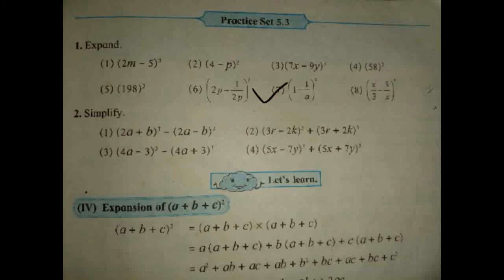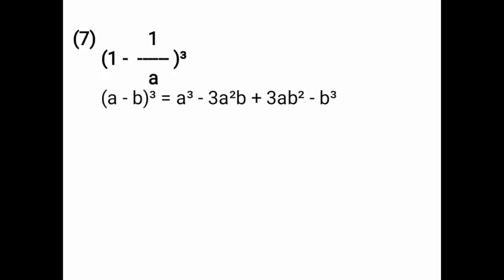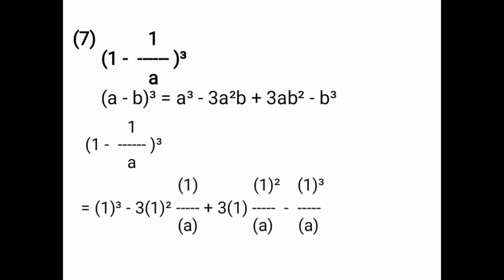Next, 1 minus 1 upon a the whole cube. A minus b the whole cube is equal to a cube minus 3a square b plus 3ab square minus b cube. 1 minus 1 upon a the whole cube is equal to 1 cube minus 3 into 1 square into 1 upon a plus 3 into 1 into 1 upon a the whole square minus 1 upon a the whole cube.